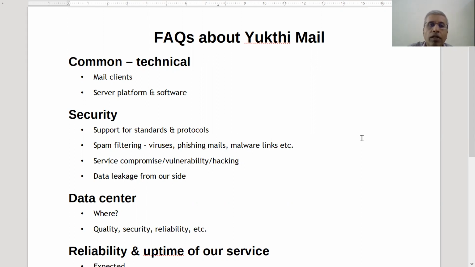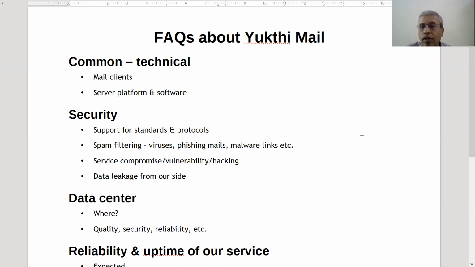Now, coming to security, the most common questions people have relate to security. So first, do we support all the security standards? For email, the common security standards are the SPF record, the DKIM record, and the DMARC record.